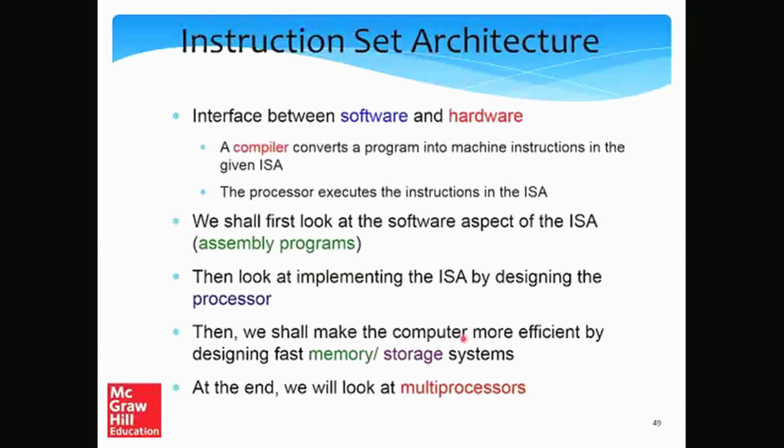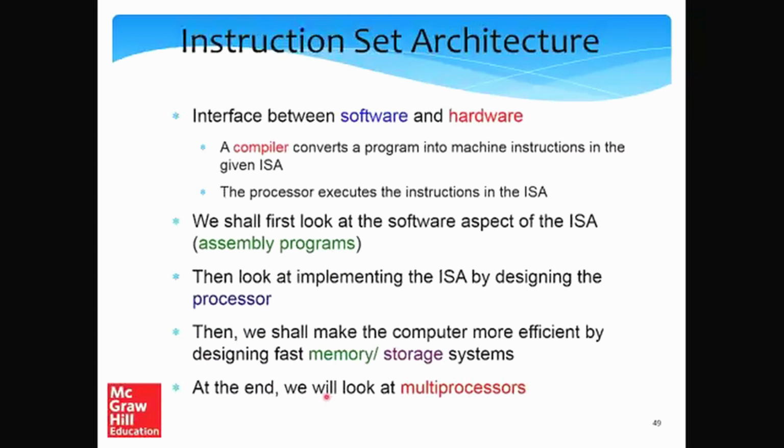So we shall first look at the software aspect of the ISA and how to write low-level programs using processor instructions, called assembly programs. Then we shall look at how to implement the ISA by actually designing a processor from scratch. Then we look at making the computer more efficient by designing fast memory and storage systems.